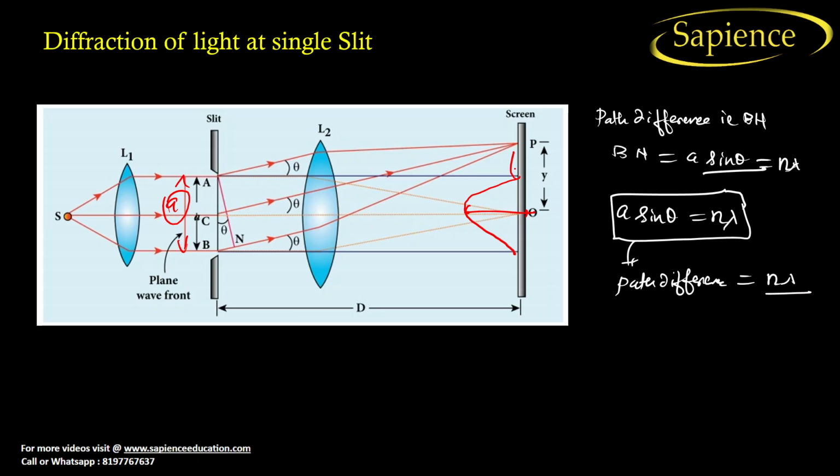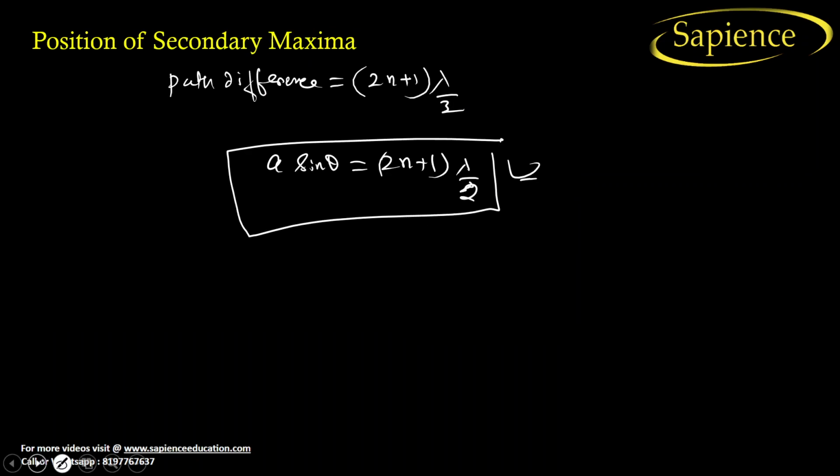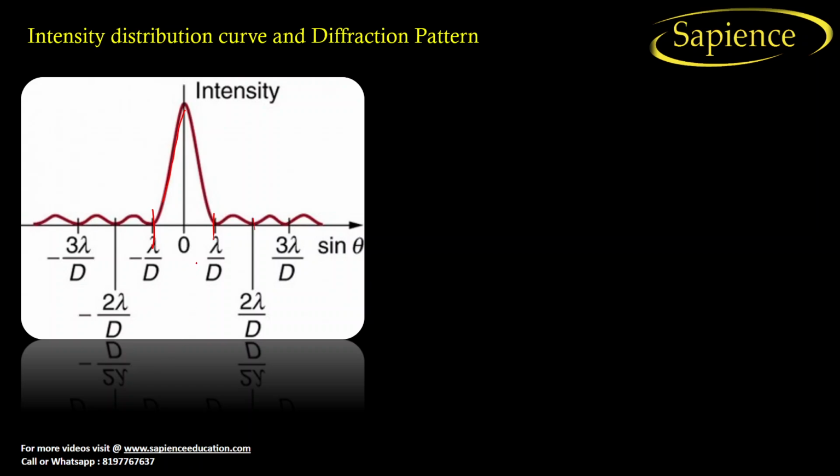After that, the intensity will get reduced like this. And this length is known as the width of the central brightness. So this is the intensity distribution curve, and we may write it like this, 0, lambda by d.